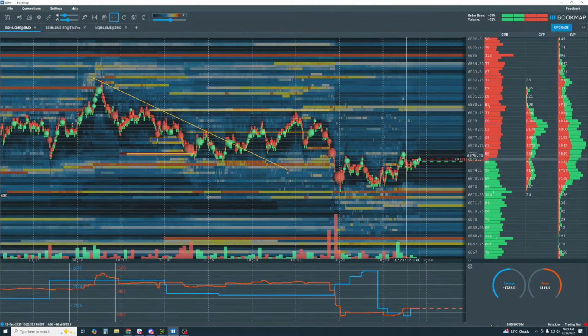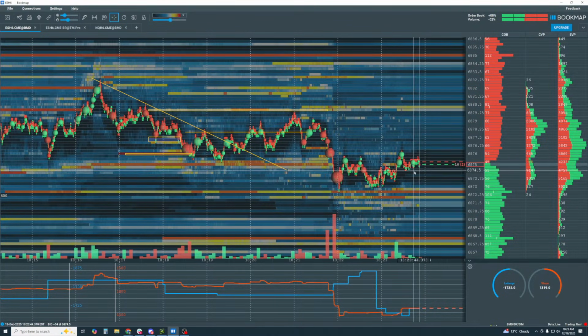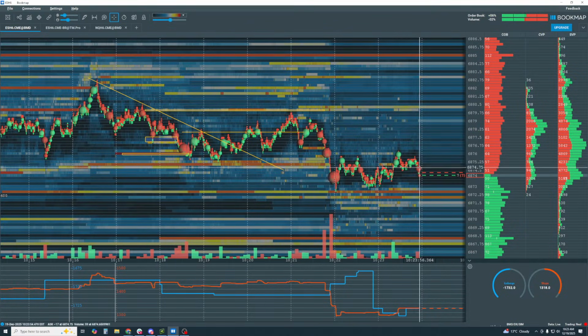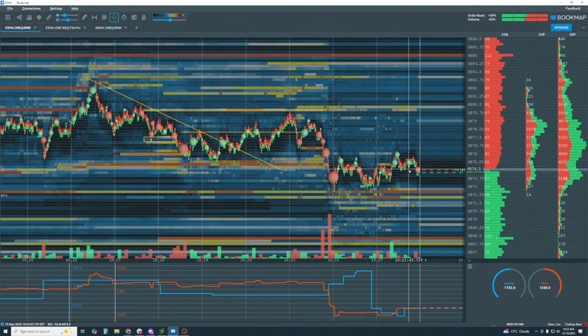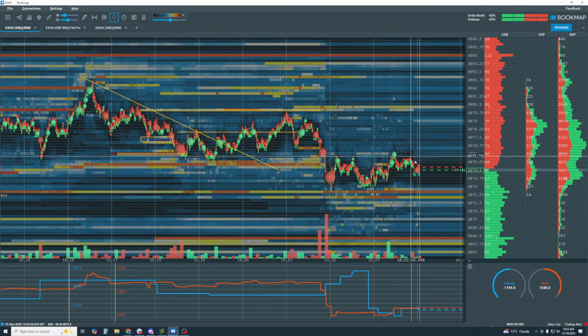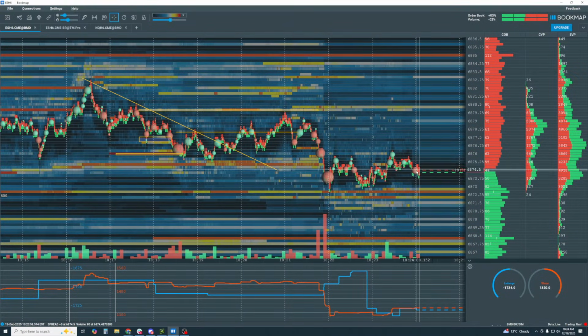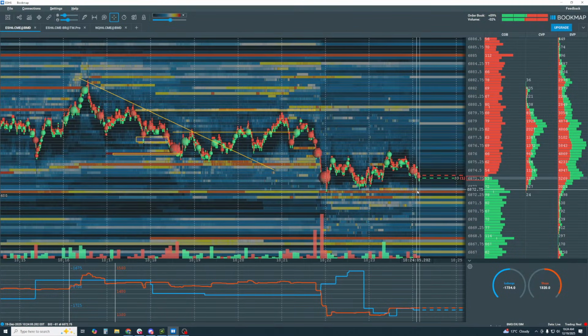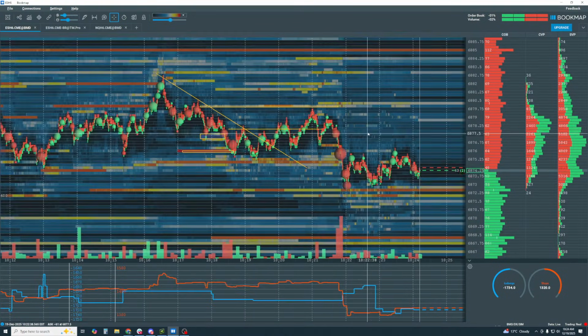So I would avoid this until I saw sellers down here around 74.5. Now it's not financial advice, but that's what we'd look for, because we want to see it fail up here, and we want to see the aggressive sellers come in and trade it back down to the bottom of the range.